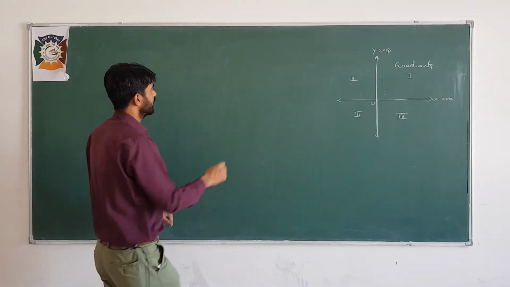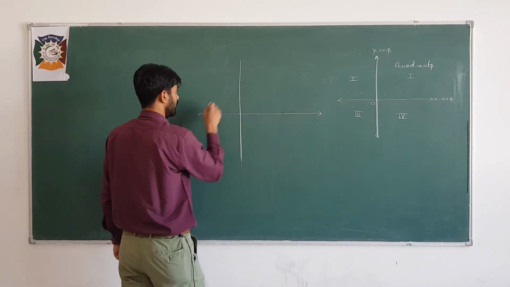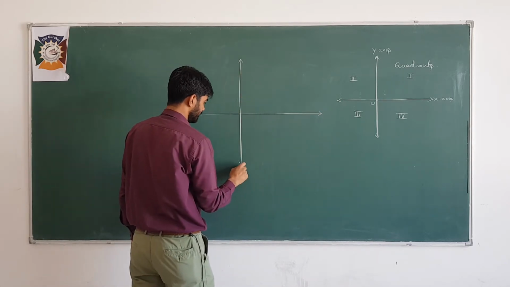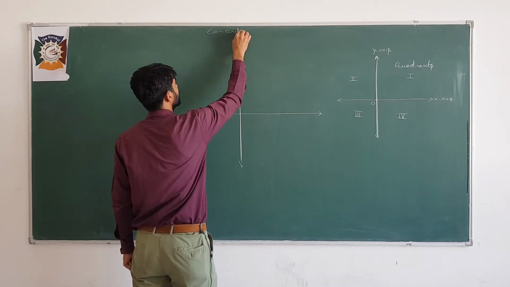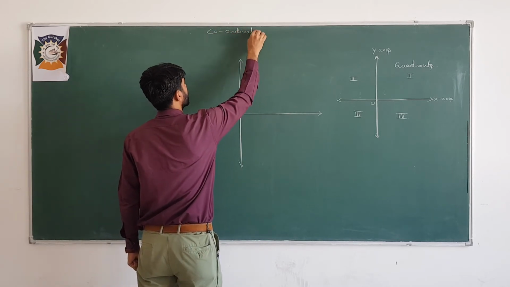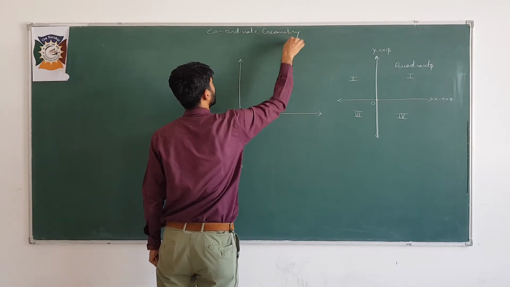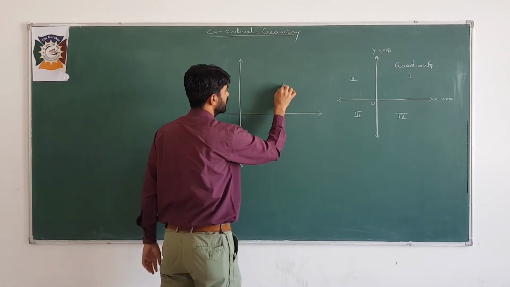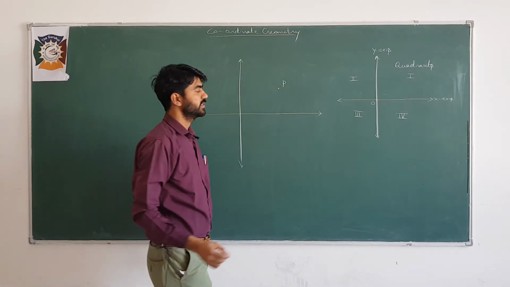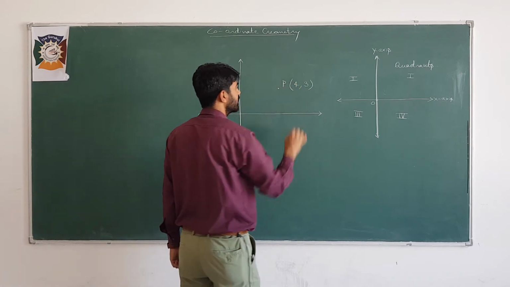Now, if I take a point, suppose a point P is there, the heading is coordinate geometry. Suppose I take a point P here, and this point is having coordinates 4, 3.